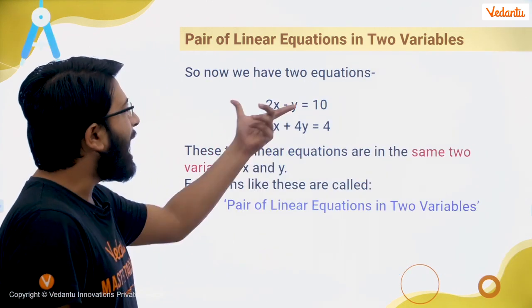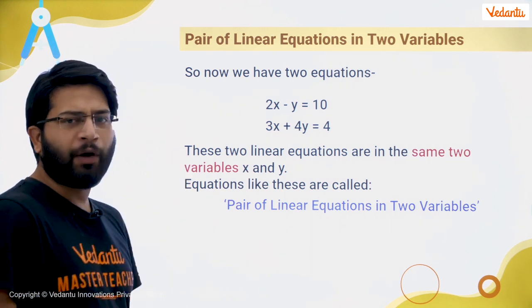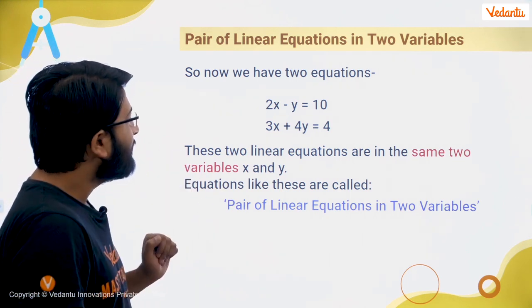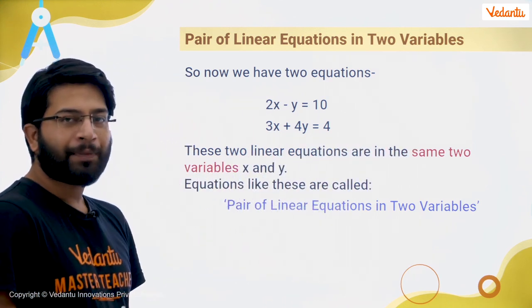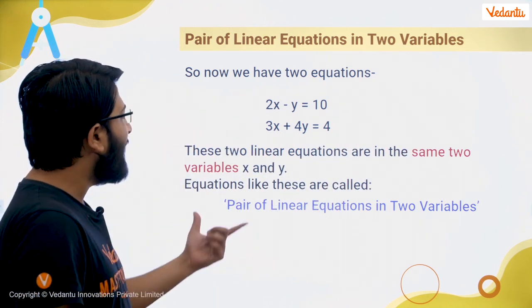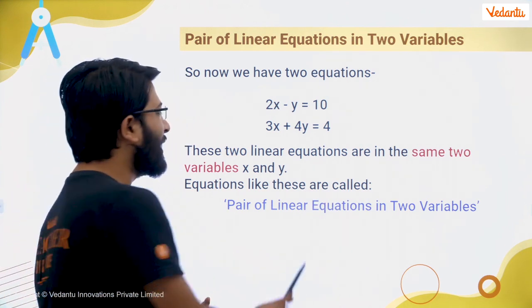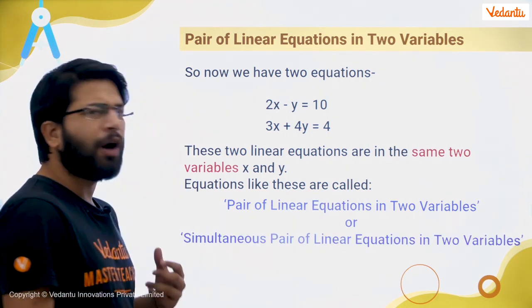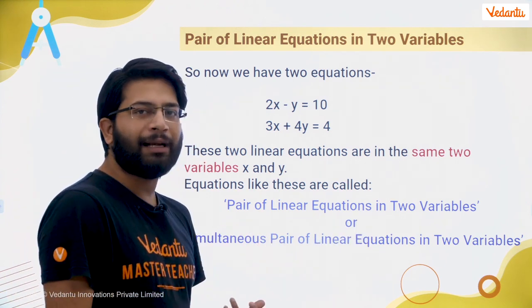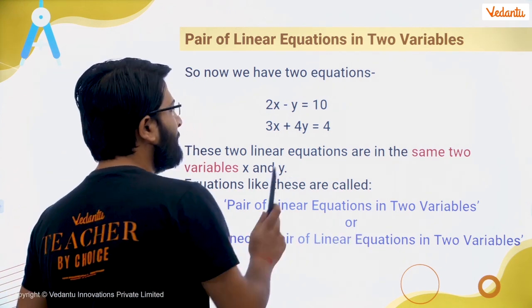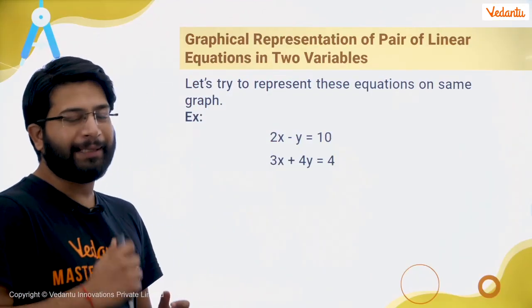So I got these two equations with the help of the given information. We can see these two equations are of the same two variables x and y. So these are known as a pair of linear equations in two variables, or we can say a simultaneous pair of linear equations in two variables. Both are the same thing.